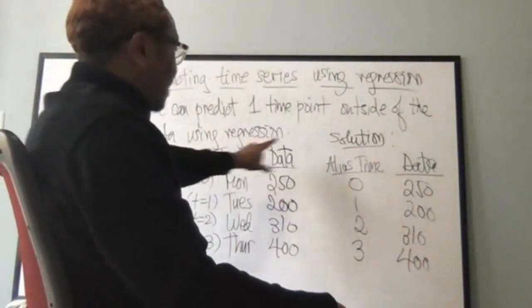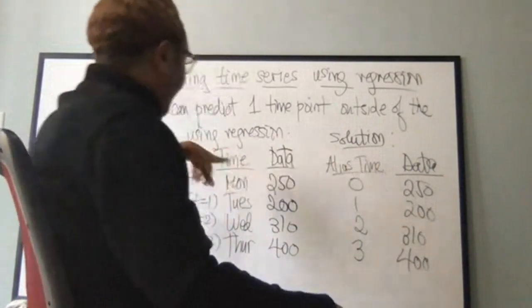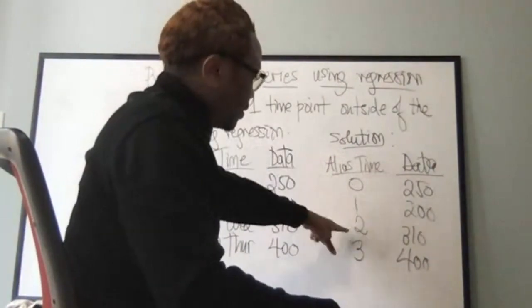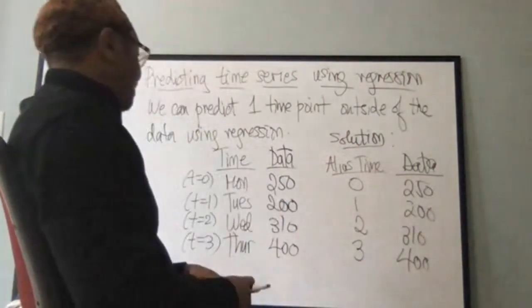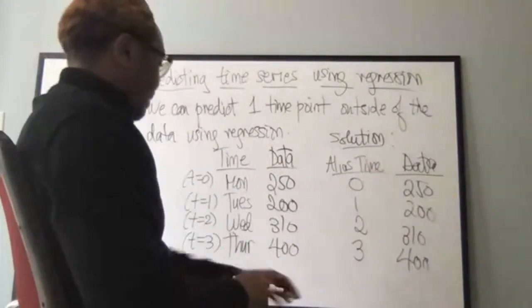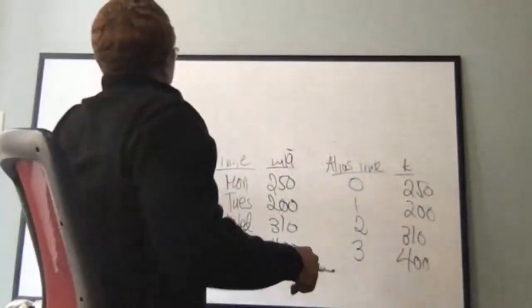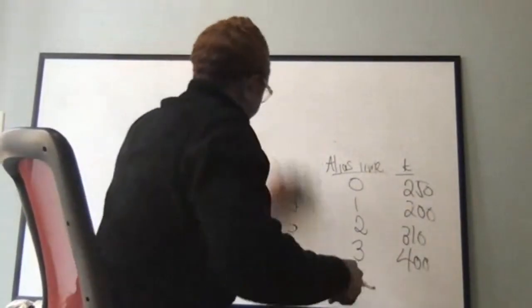So if it's given in months, this would be alias month. If it's given in years, this would be alias year. But it's always going to be 0, 1, 2, 3, all the way to the end. Okay? All right. And so now here's what I'm going to say.